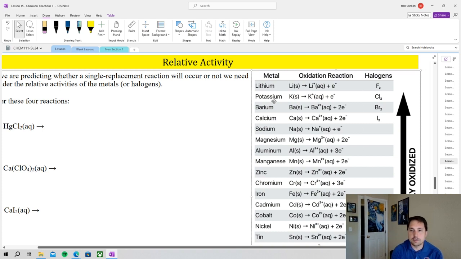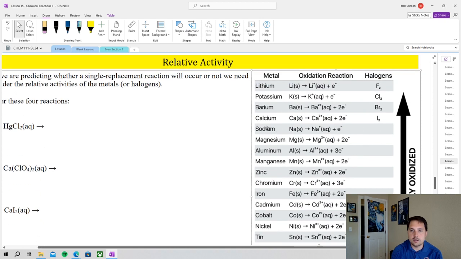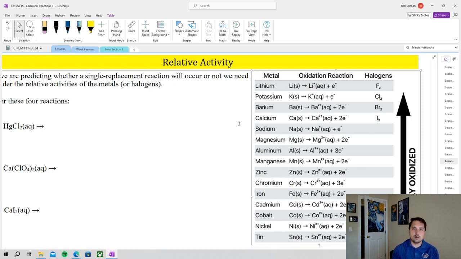So it's not a perfect trend, but some of these metals, when they're very active, they're at the top of this activity series. They will react directly with water to form hydrogen gas, and they'll also directly react with acids as well.